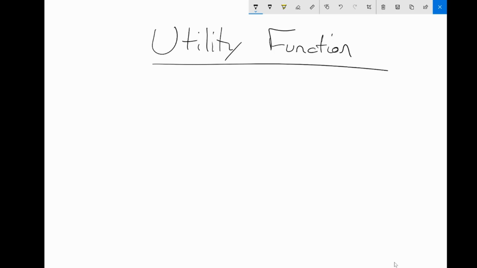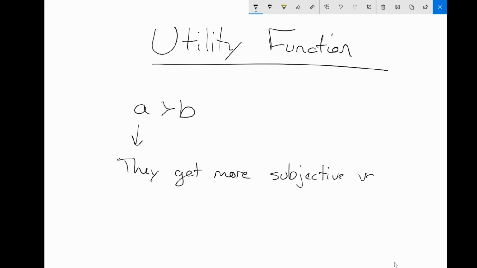And what they prefer, let's say if someone preferred A to B, that means they get more, I might use the phrase subjective value, or we could say happiness, although that's not quite perfect, or pleasure.